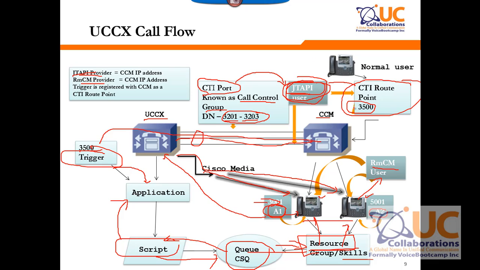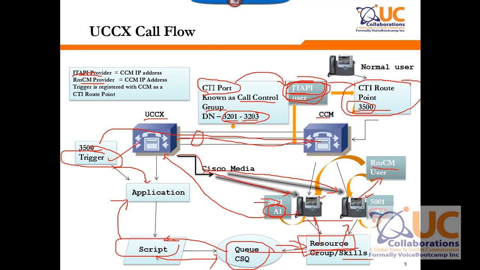So this is the call flow that's taking place. When a user calls 3500, Call Manager will forward the call over these CTI ports to the contact center. Contact Center looks at the number 3500, realizes it is a trigger, and that trigger is associated with an application. So it's going to invoke the application. The application is pointing to a script. It's going to open the script. That's when you're going to hear the message saying, "Welcome to Voice Bootcamp.